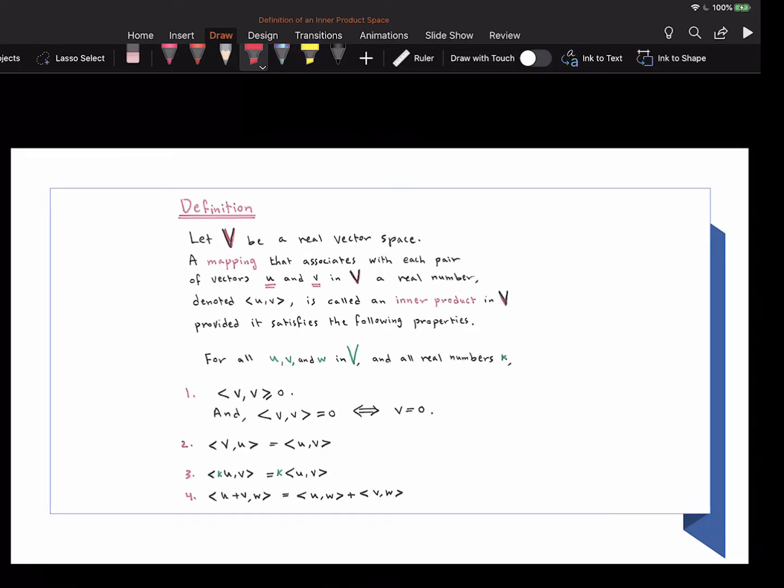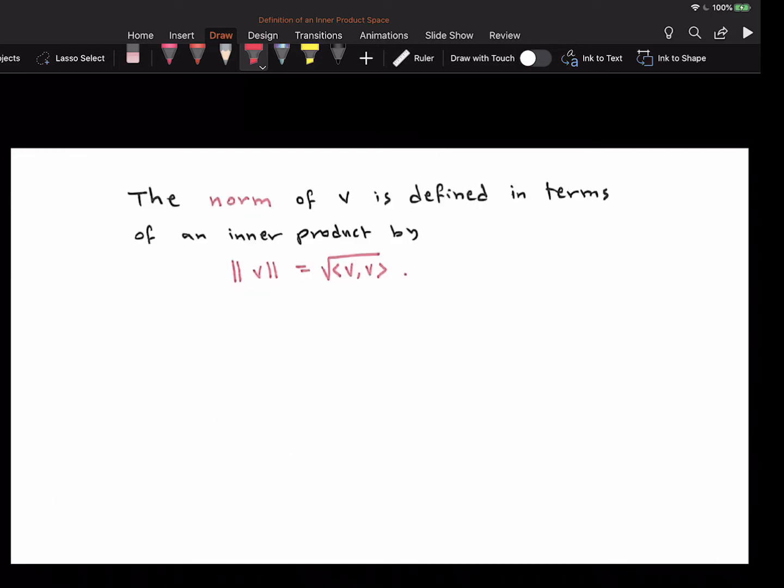Number 4 is similar to last time: the sum of u and v inner product with w will be the sum of the inner products u, w and v, w. The norm of v is defined in terms of an inner product by the following.